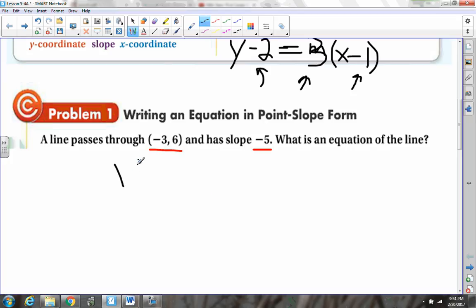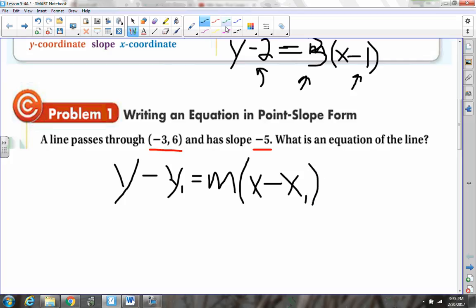Well, I know that my general form of an equation when I don't know the y-intercept, which I don't here, is y minus y1 equals m, which is my slope, times, in parentheses, x minus x1, which is the x coordinate of the point I'm given. So the first thing I'm going to do is just put the slope in.